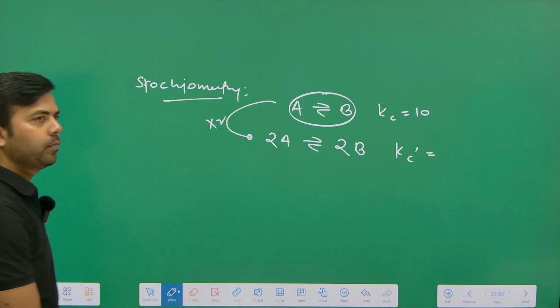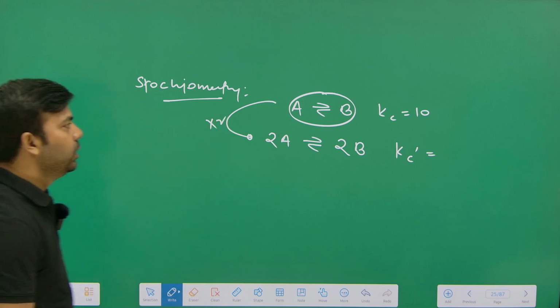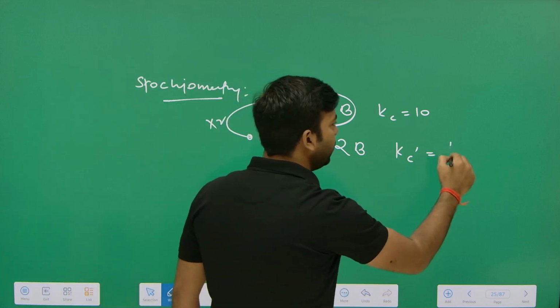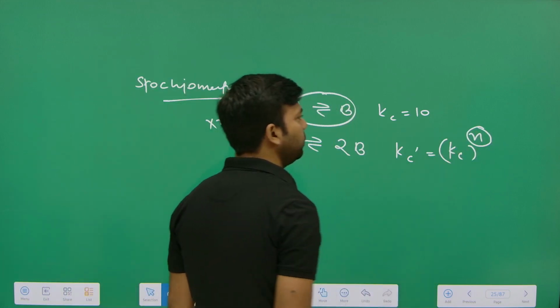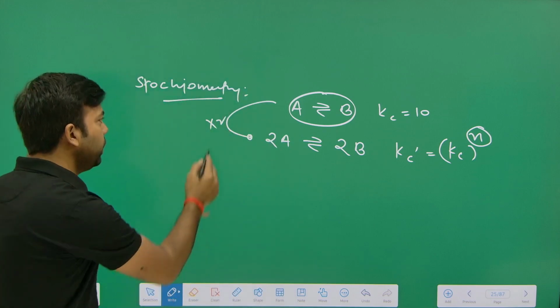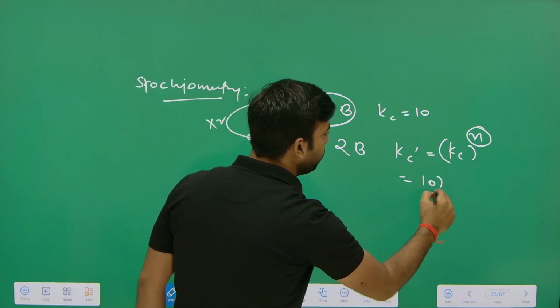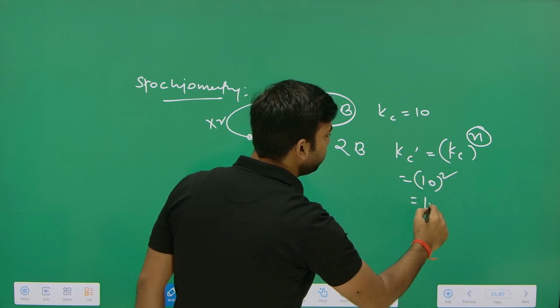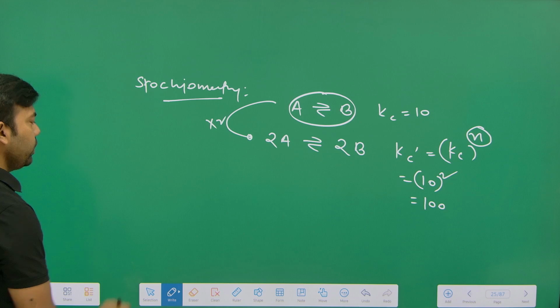So whenever you multiply by any factor, the new Kc will be the Kc to the power of that multiplied factor. It is multiplied by 2, and the Kc value was 10, so 10 to the power 2, which is 100. Make sense? Easy.